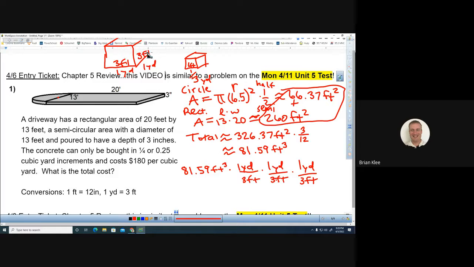So we really have 3 times 3. And then we have the height of the thing where 1 yard corresponds with 3 feet. So we've got to cancel out the cubic feet 3 times. So what's that mean? Ultimately, on my calculator, I get that 81.59-ish divided by 3, divided by 3, divided by 3.